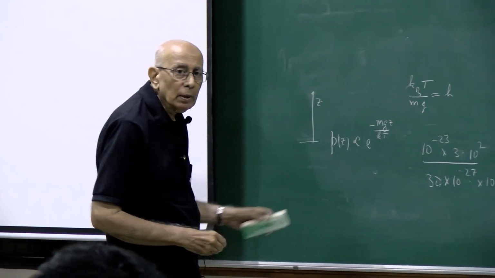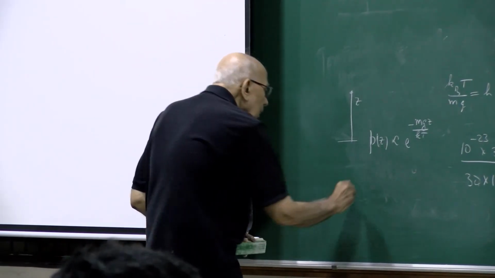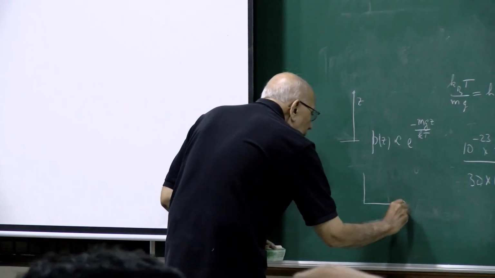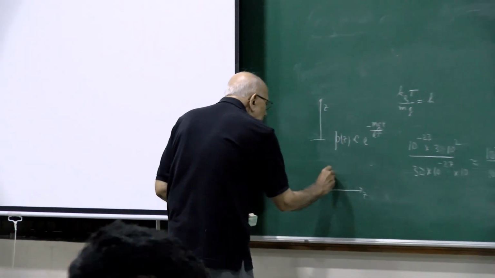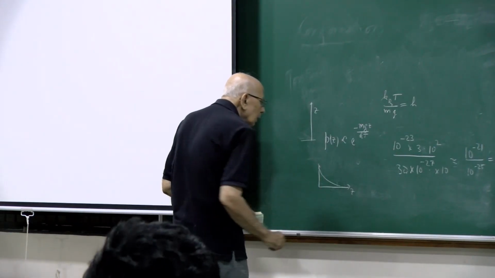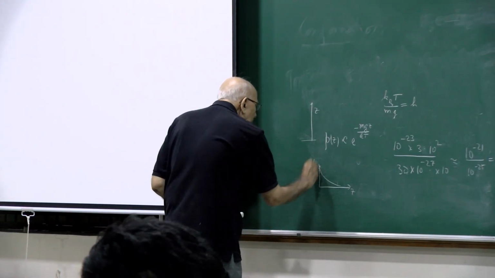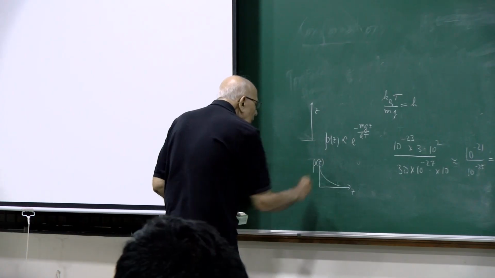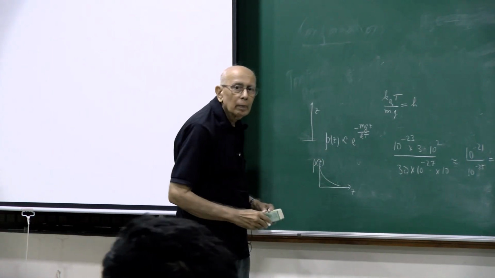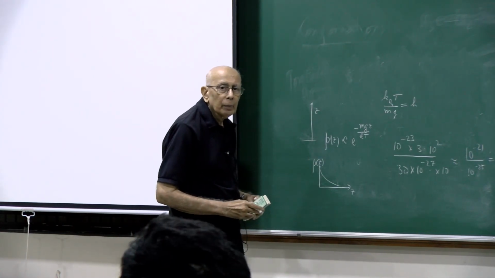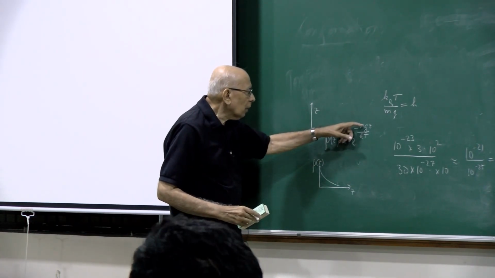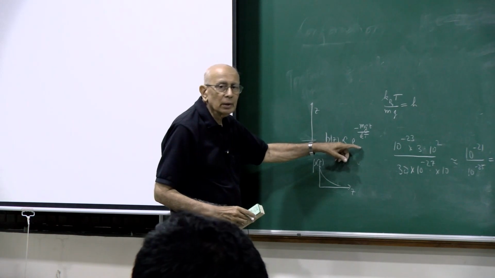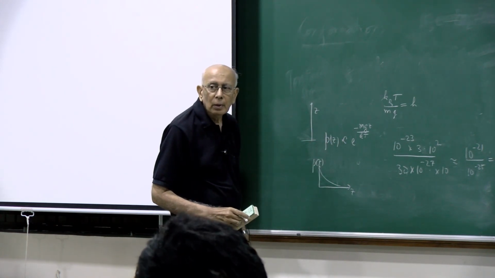If you plot this as a function of z, apart from some normalization constant, it goes down like this, proportional to e to the minus mgz over kT. It's the ratio of the potential energy to the kinetic energy due to temperature.